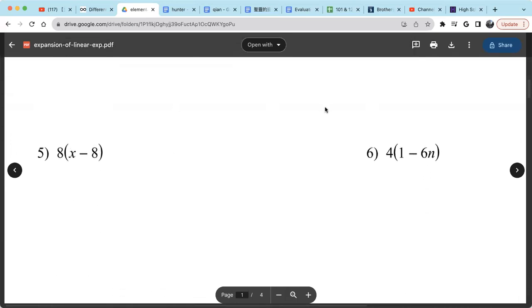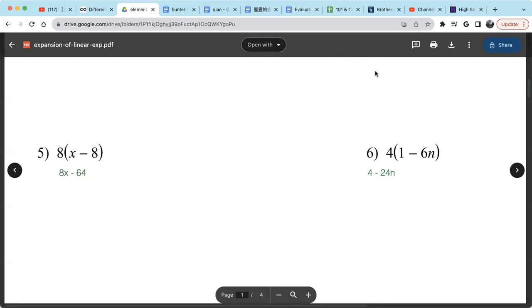Okay, now let's go to the next page. Let's see 5 and 6. Let's see if you can do it faster than me. I think you can. So for 5, you get 8x minus 64. For 6, I get 4 minus 24. I cannot forget about the variables.